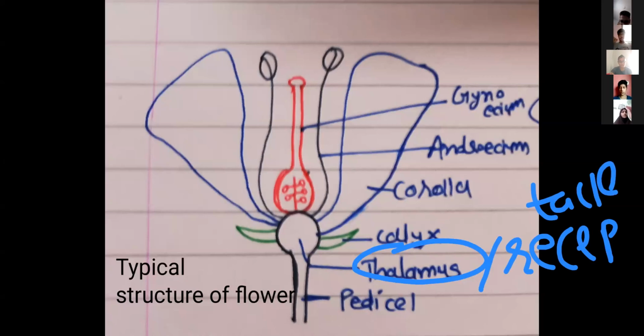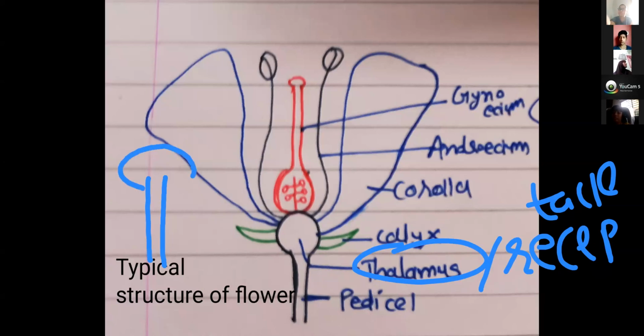Thalamus, or else we call the receptacle. So this is the pedicel, the stalk of the flower. At the tip, the tip part of the pedicel becomes swollen.